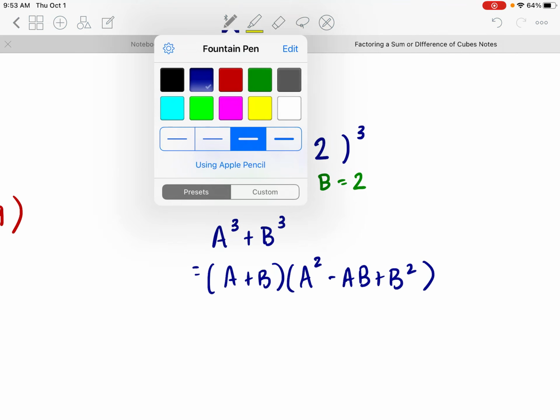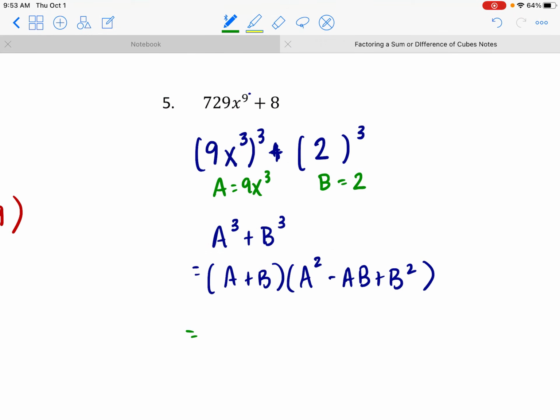Then, let me go green now. If I replace a with 9x cubed and replace b with 2, then here 9x cubed would have to be squared, and then here 9x cubed would have to be multiplied by 2, and then here 2 would have to be squared.